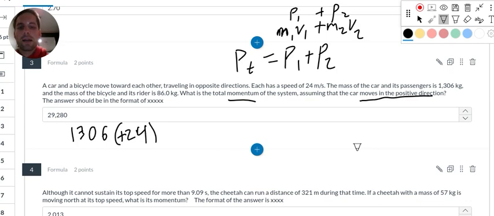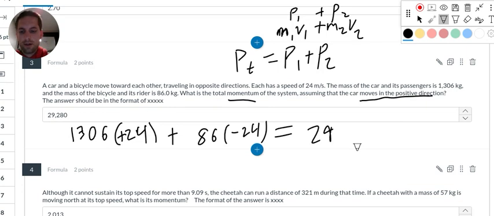The bike, though, has this mass, 86, and now it's negative 24 in that direction. Multiply these together and add them up. I should get 29,280 kilograms. Or no, kilograms times meters over second, because it's momentum.